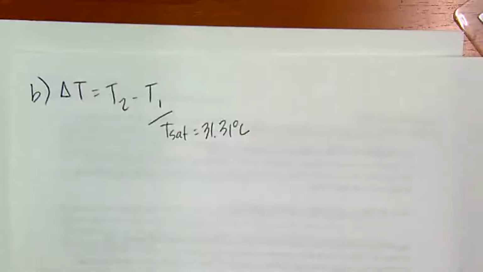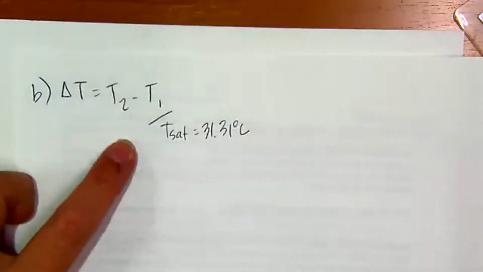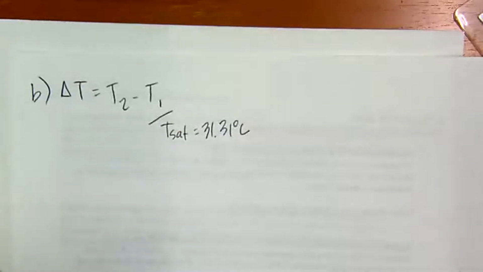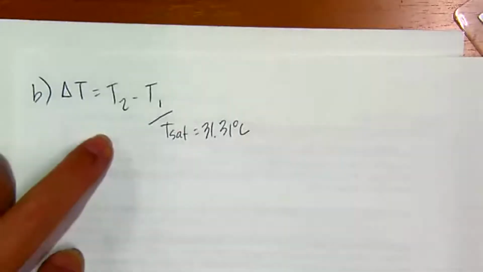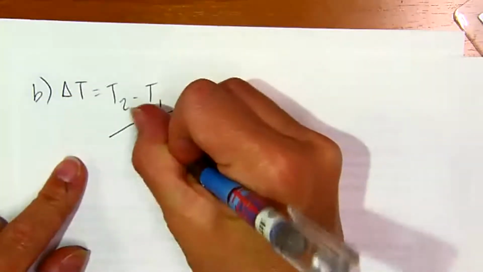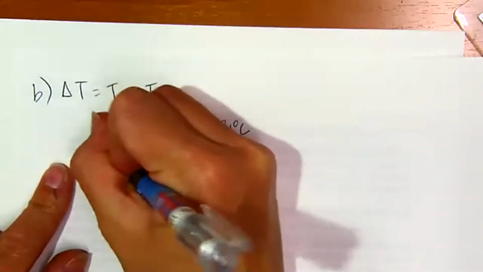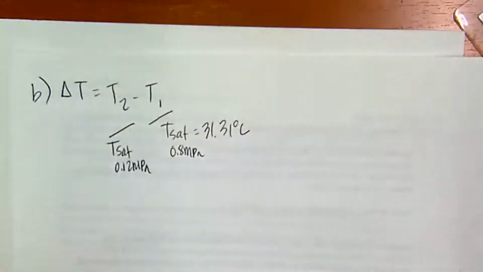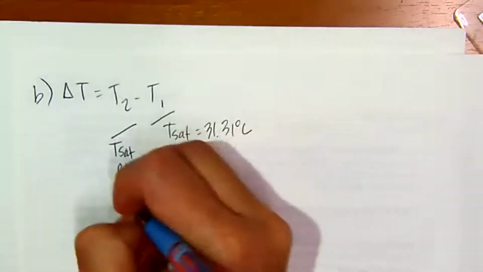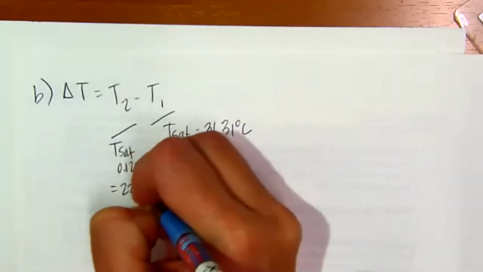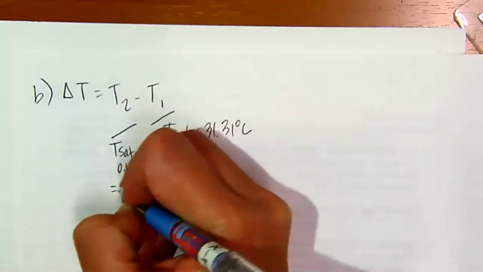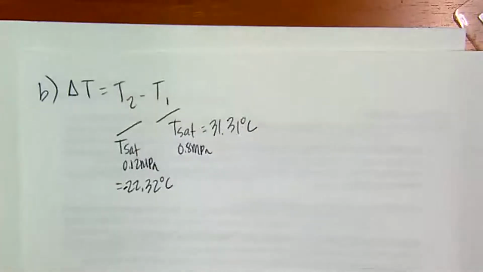Our T2, we don't really know, but when we think about it, we know that our leaving refrigerant is still a saturated liquid vapor. It's a mixture, which means that entire mixture is at our saturation temperature. So we need to find our Tsat at 0.12 megapascal, which is negative 22.32 degrees Celsius.